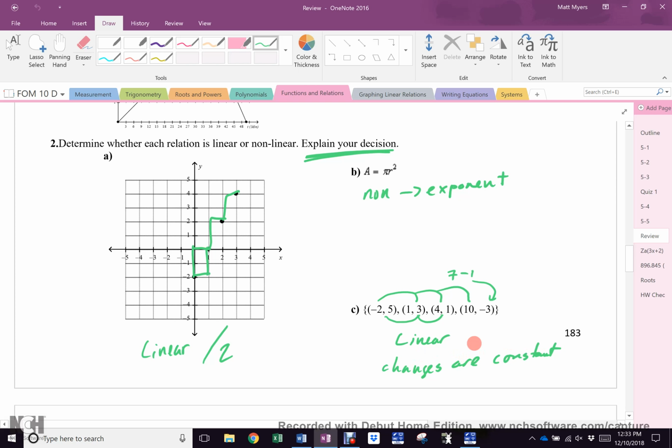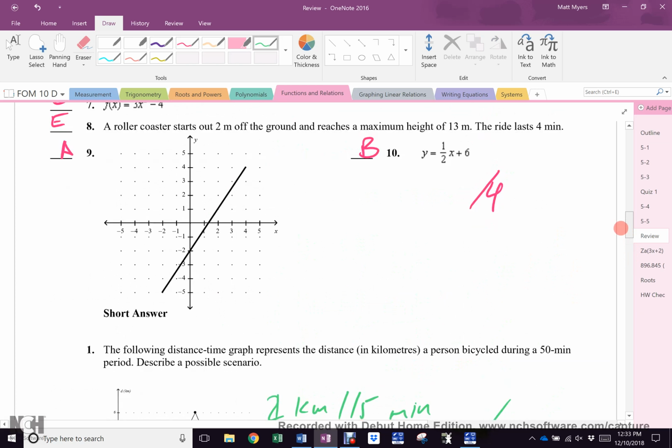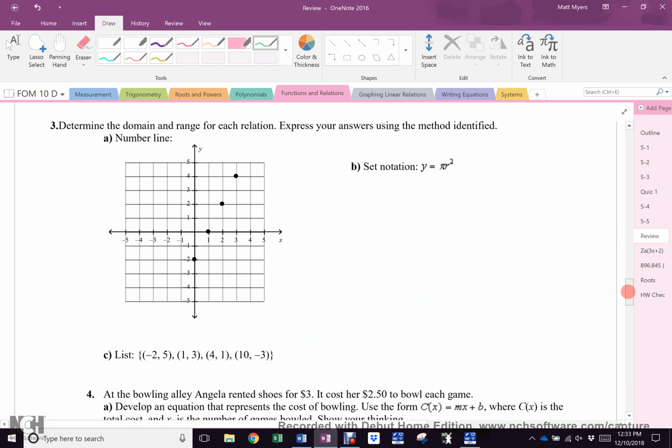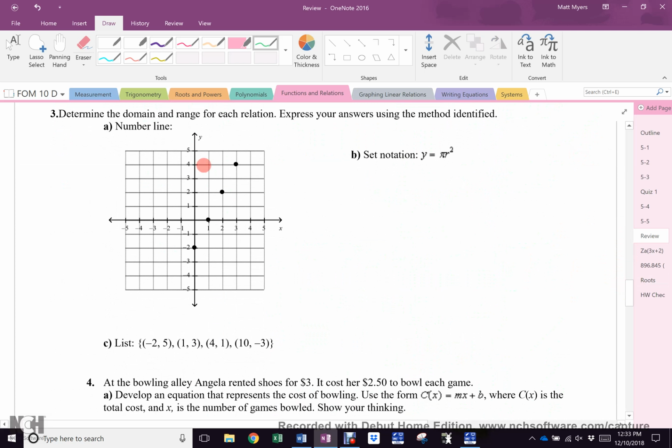So that's out of 6, making that page out of 8 and 6, 14. On a number line, what are my x's? 0, 1, 2, 3, -2.